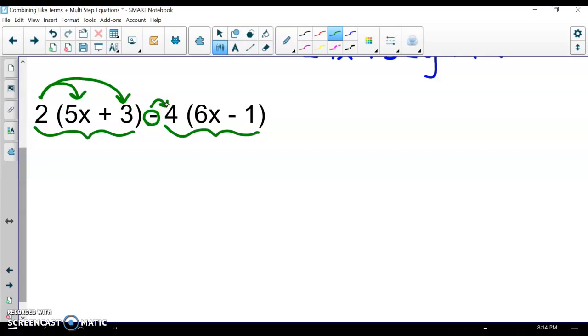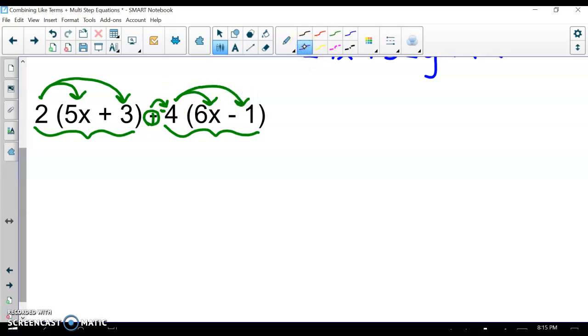If we lose negatives in this case, it's going to give us the wrong answer. So we want to make sure that we rewrite it as plus a negative 4, so you won't forget to distribute the negative through. So we have negative 4 times 6x, negative 4 times negative 1.